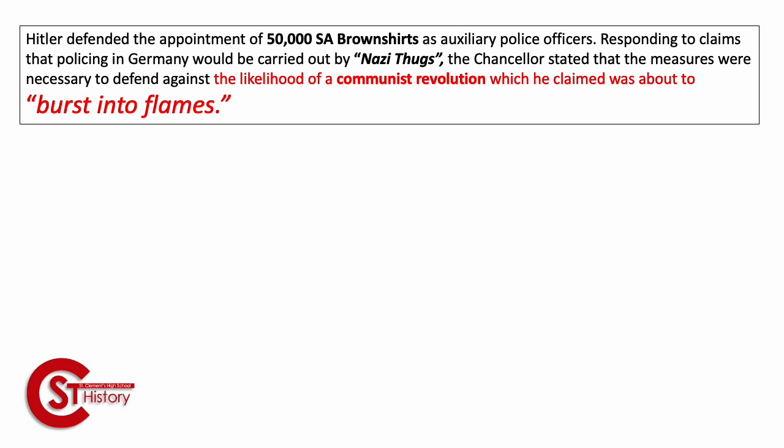Now, this is what's interesting here, is they are saying there is an imminent communist revolution. Now, there hasn't been one since 1921 in the Spartacus uprising. So why does Hitler think there's going to be one now? There wasn't a communist revolution after all previous chancellors in the last couple of years. There wasn't a communist revolution during the Great Depression. So it's just interesting.